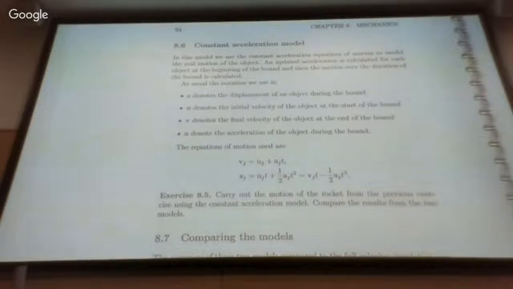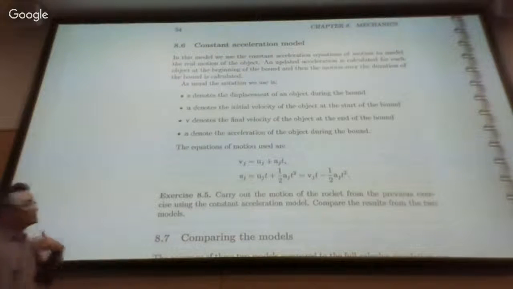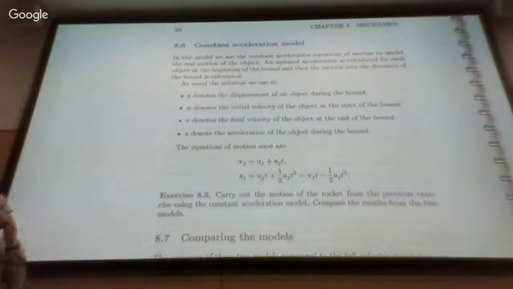But now we're tracking, using u and v, the initial velocity of the object at the start of the bound, and its velocity throughout the bound. Okay, so vj is the final velocity.